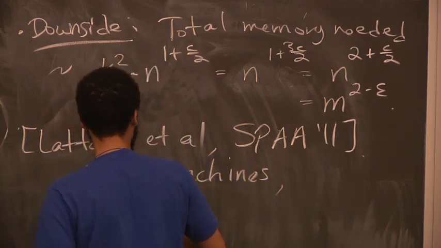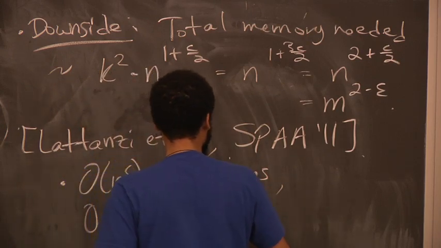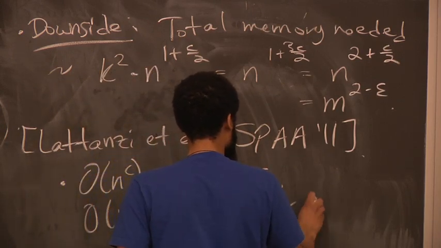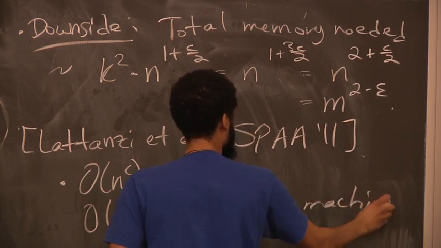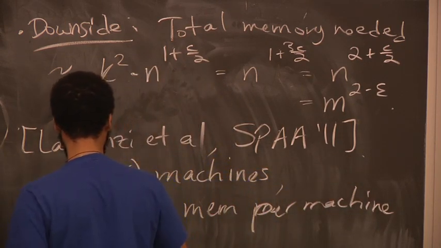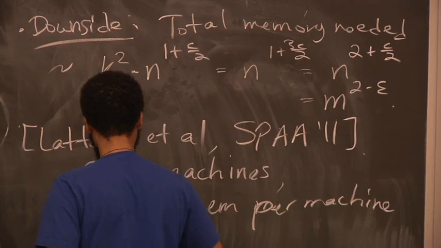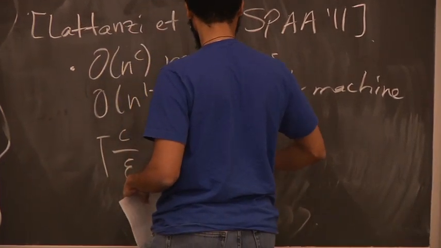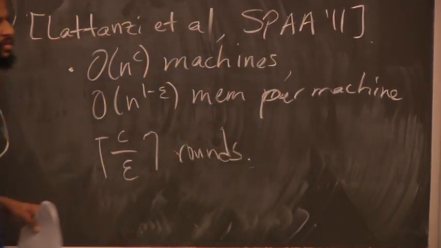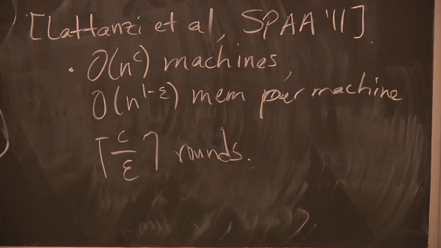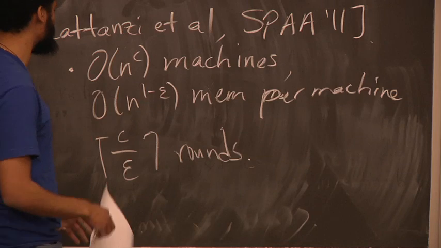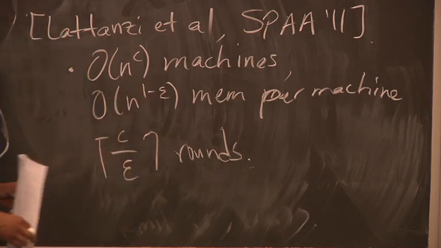O of n to the 1 minus epsilon memory per machine, and something like c over epsilon rounds. Okay, so the total memory here is actually something closer to m. In fact, maybe that looks a little bit too good. It looks like it's less than m. Maybe this is plus epsilon. No, it's less.